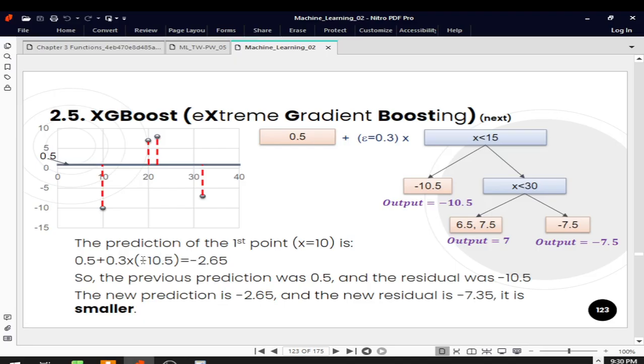The residual was minus 10.5. As you can see, the new prediction is minus 2.65, and the new residual, when we do the subtraction, we will find it equals this, which is the new residual. And as you can see, it's smaller than the old one.